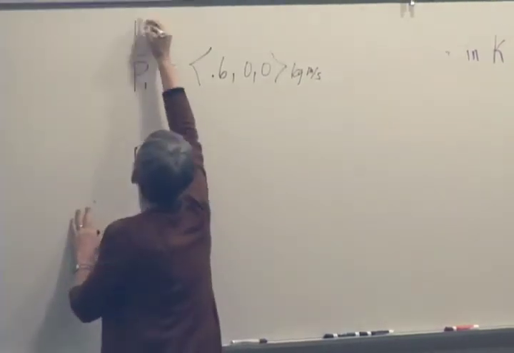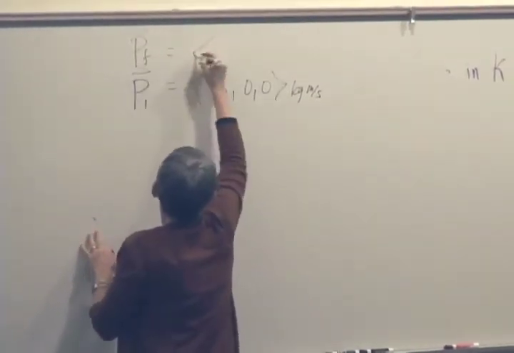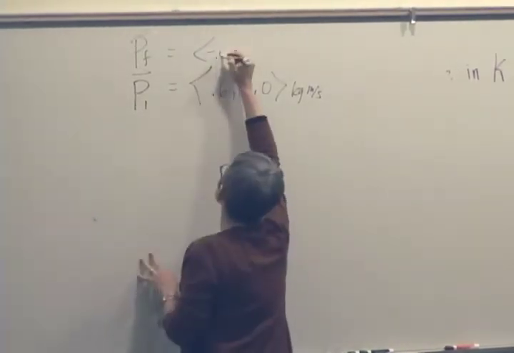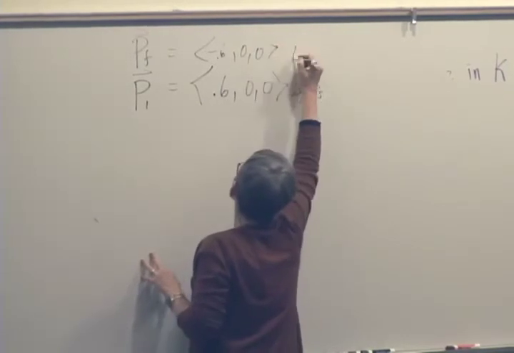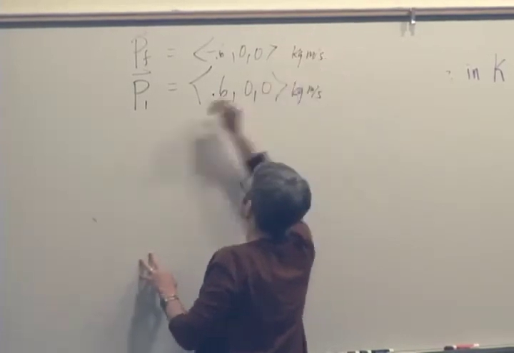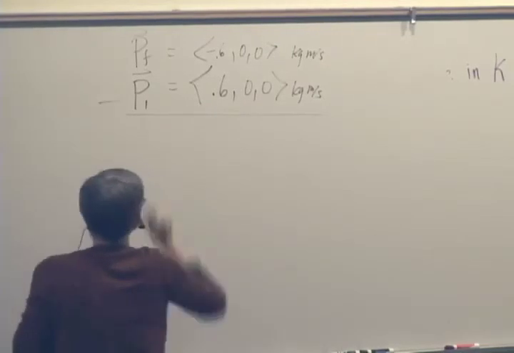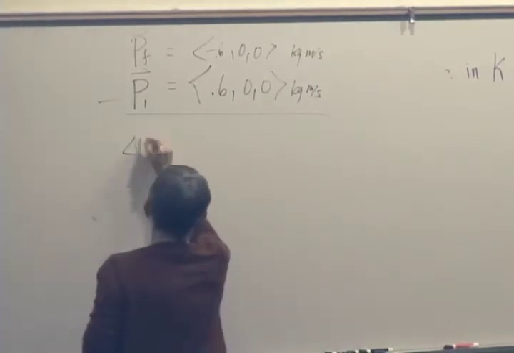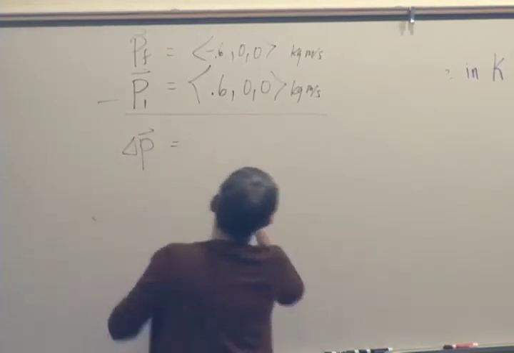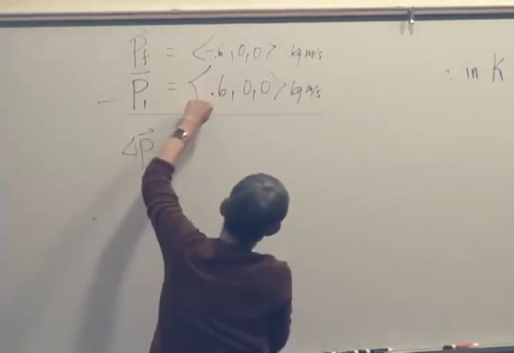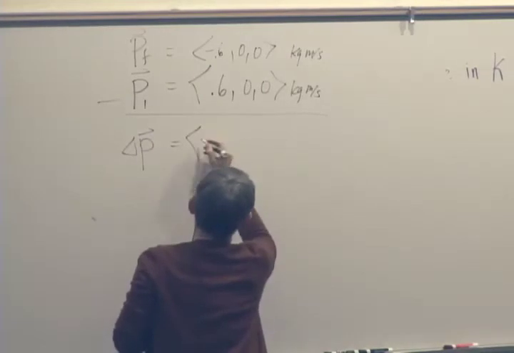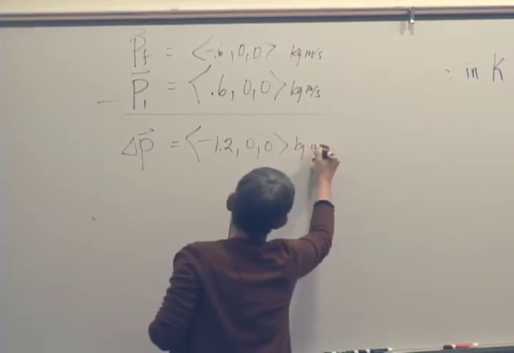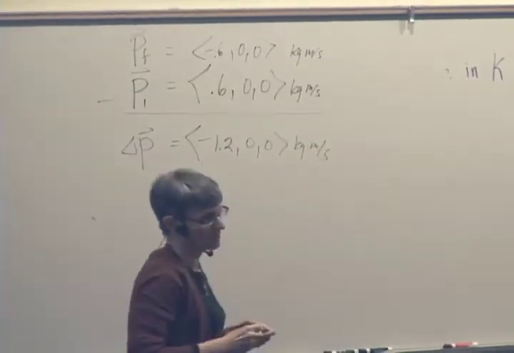And the final momentum is what? Negative 0.6 kilogram meters per second, and the change in momentum is P final minus P initial, and it looks like delta P would be negative 0.6 minus 0.6, which is negative 1.2 kilogram meters per second.